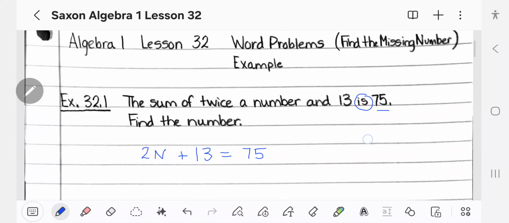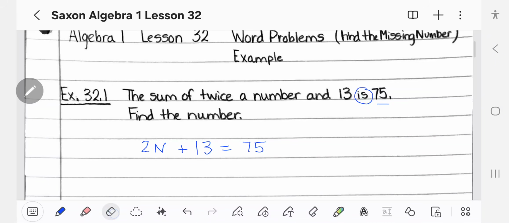Now we're going to find the number. Now we know the steps for solving equations. We've been doing that. If we had parentheses, we'd get rid of them. We do not. If we could combine like terms on either side of the equal sign, we would, but we don't have that. So let's go ahead, and we only have one variable on one side. Let's get rid of the constant term that's with the variable.